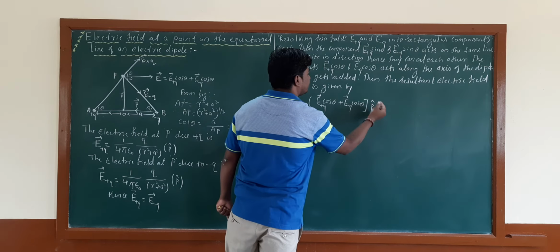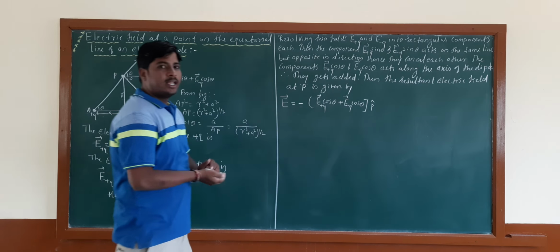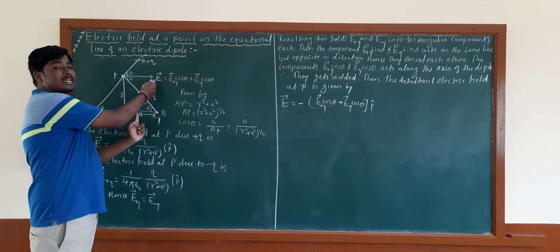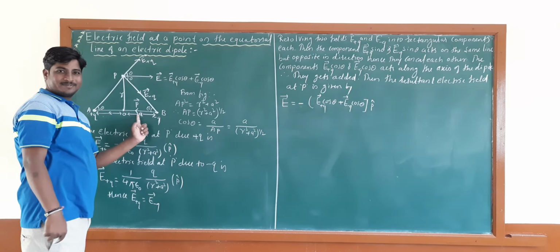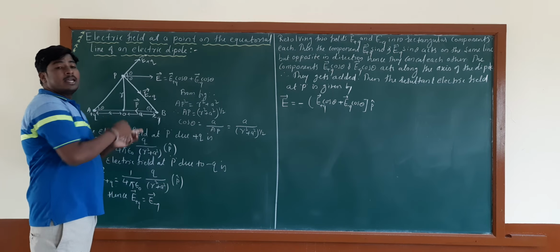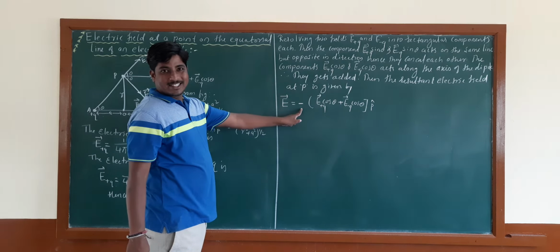Alright, why do I write a negative sign here? Because the direction of the dipole moment is opposite to the resultant electric field. The direction of the dipole moment is opposite to the electric field. That is why I have written minus here.